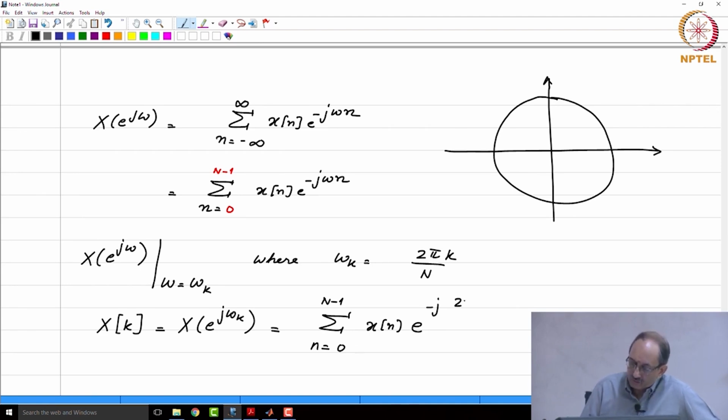Omega k is 2 pi little k by capital N, so the exponent is 2 pi k n by N. Hence one interpretation of the DFT is taking the DTFT and evaluating it at a set of N uniformly spaced points in the interval 0 to 2 pi. All right.